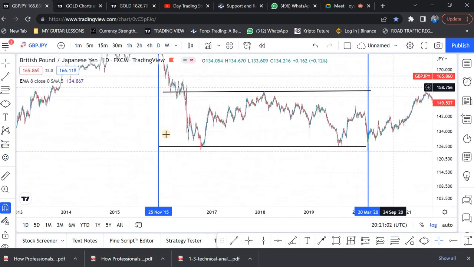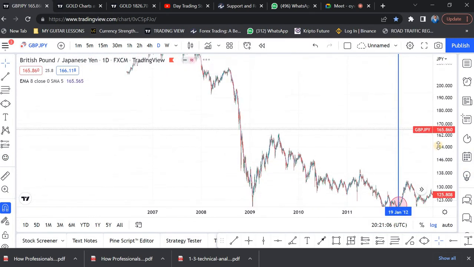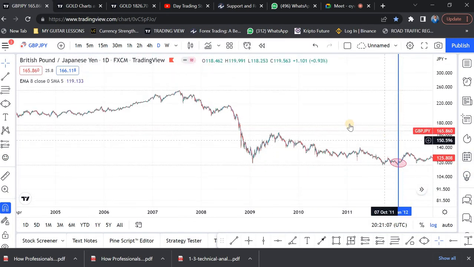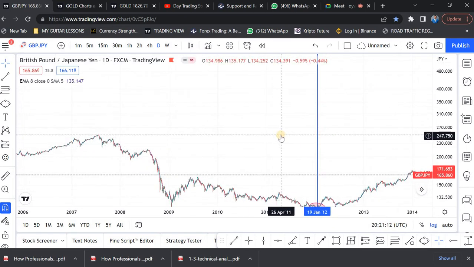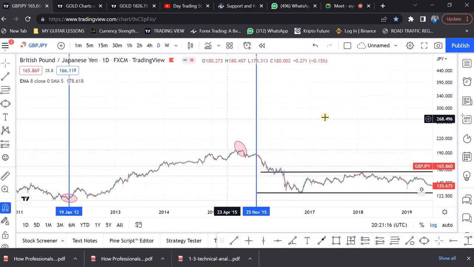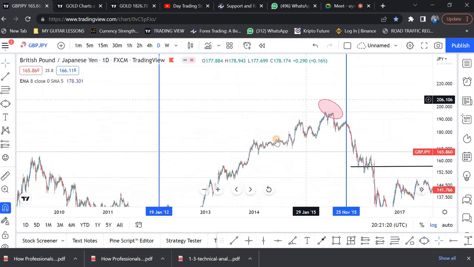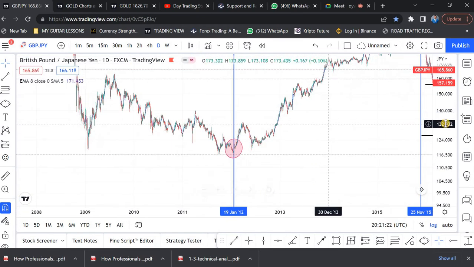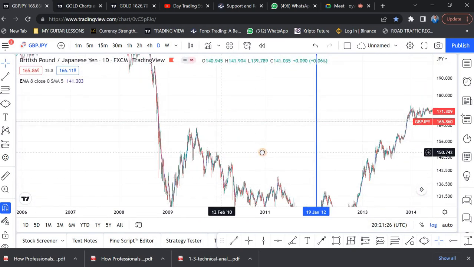Then let me see if we can identify this one as well. What you are seeing is the daily chart. Okay, let's look at this one as well.